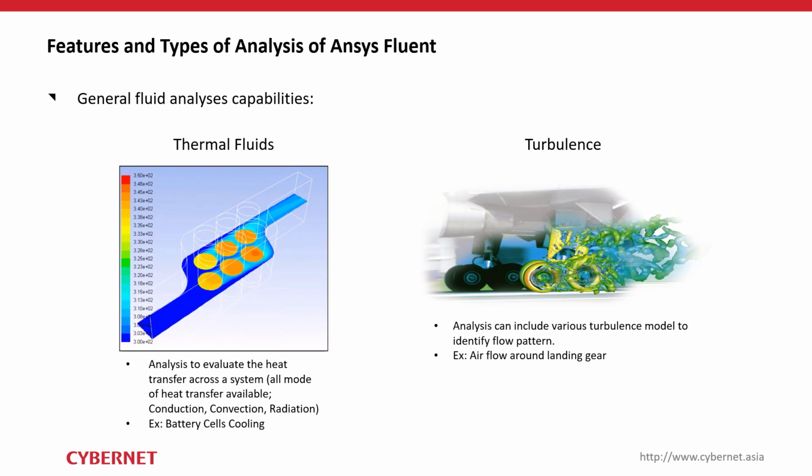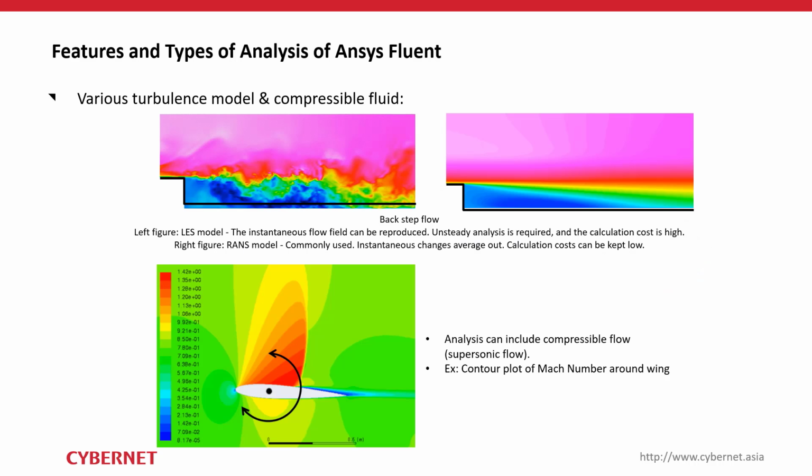And then next, turbulence as well, like I mentioned previously, various turbulence models to choose from. It essentially allows us to identify the flow pattern surrounding a certain body. Additionally, Ansys Fluent allows for a compressible fluid to be included in your analysis as well.